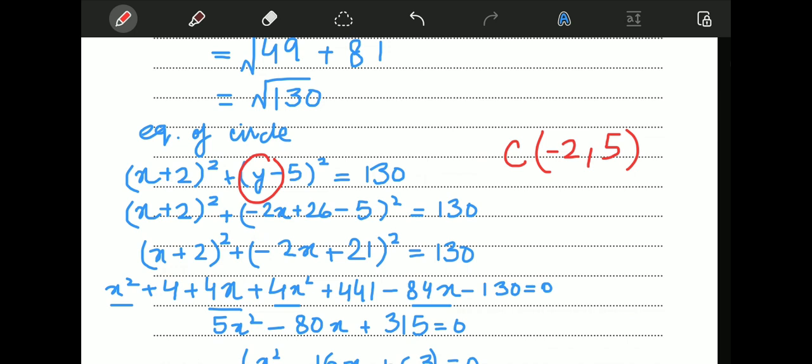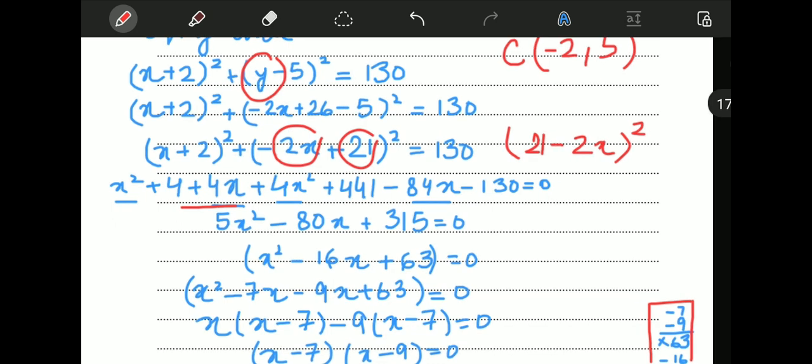Open these two brackets, x squared plus 4 plus 4x, this one, and then (-2x) whole square plus 21 whole square, or you can consider it as (21 minus 2x) whole square, (a minus b) whole square. So a square 4x square plus b square 21 square minus 2ab. So this is going to be this, and minus 31. Simplifying this all will give you this.